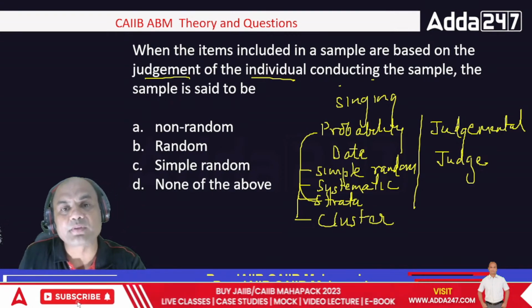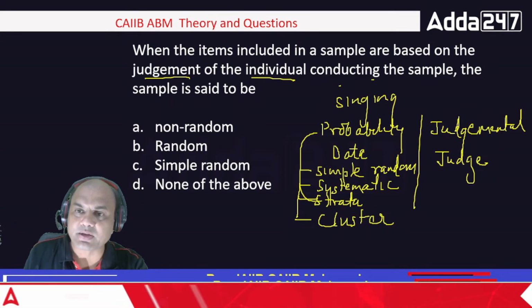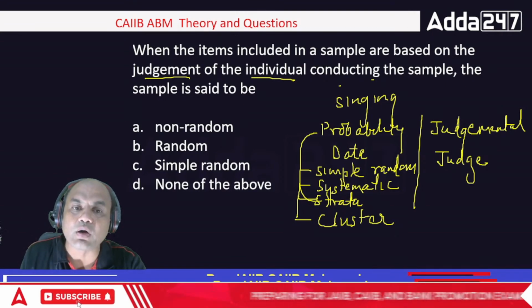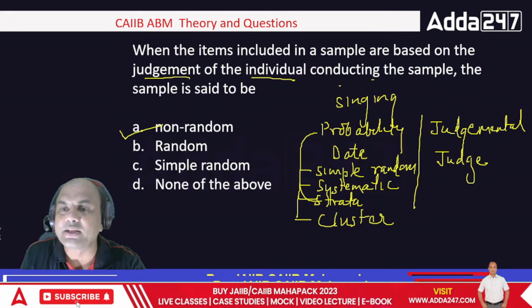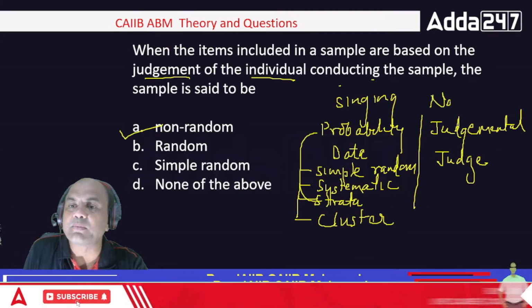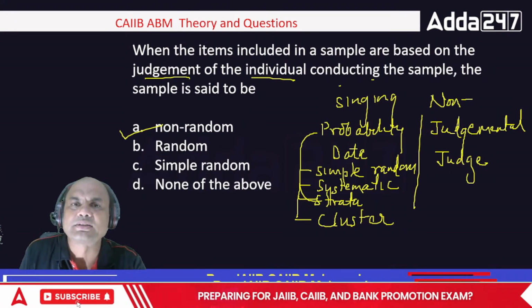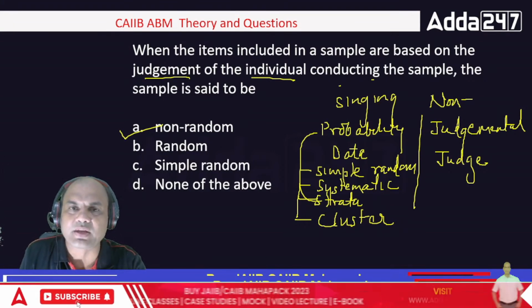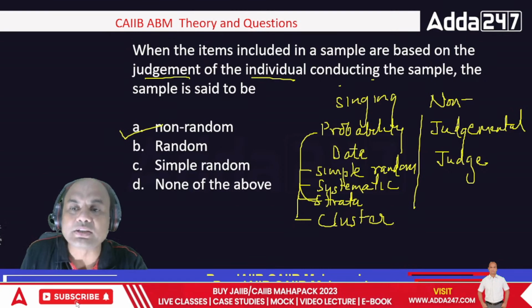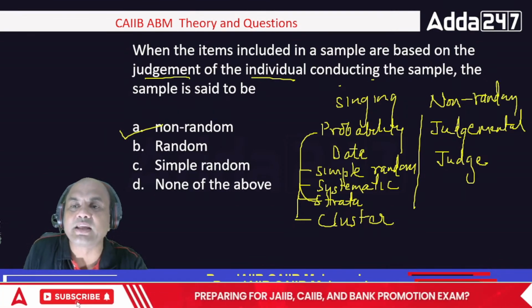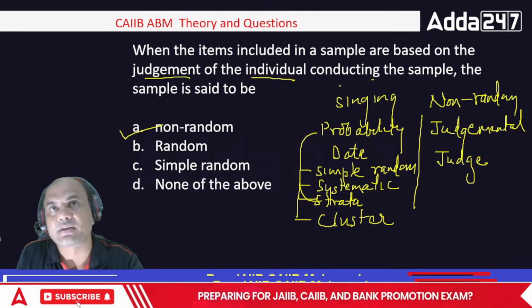These are the 4 types of probability sampling. Always remember. Judgmental means judge, so here it is called non-random, because non-random means judgmental. Random means data: I don't know what the answer is, whatever data says, I'll give the answer. But non-random is based on someone else's thinking, someone else's judgment.